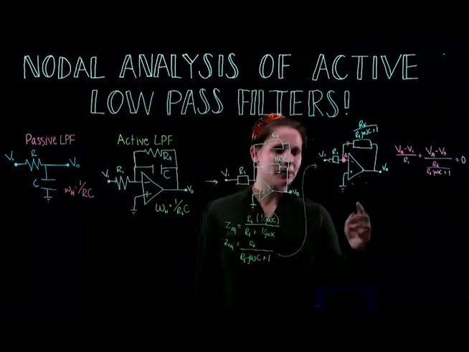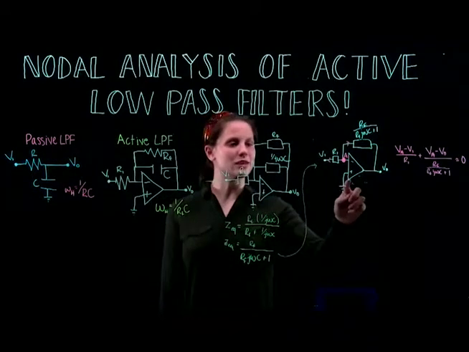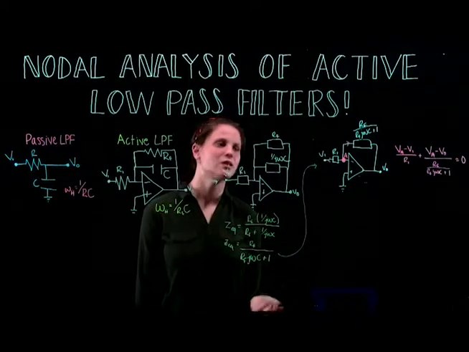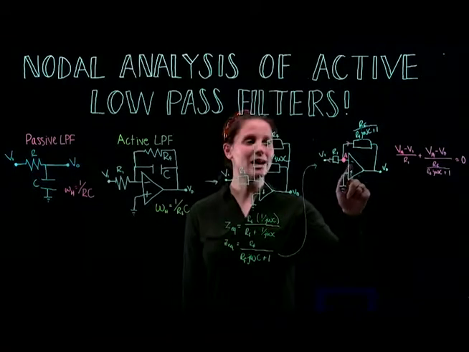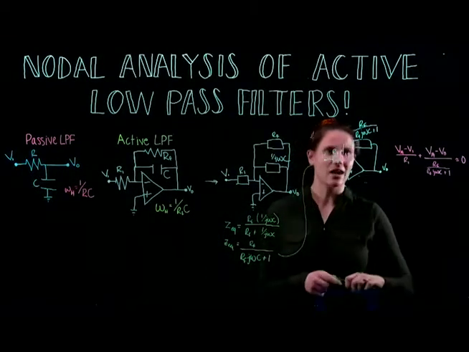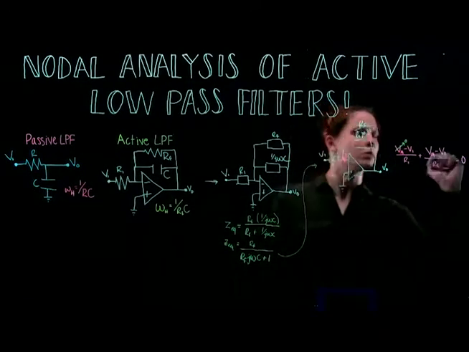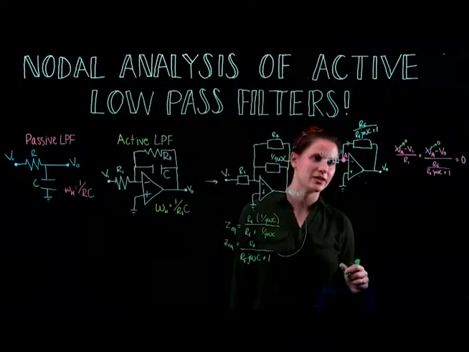So by this point, we know that in an ideal op-amp, the voltage going into the positive terminal and into the negative terminal has to be the same. So here we know our positive terminal voltage, which is 0. So that means that our negative terminal voltage must be the same thing, which is also 0. So we can take our VA and set it equal to 0, just because of that grounded positive terminal. And that makes our analysis a lot easier.